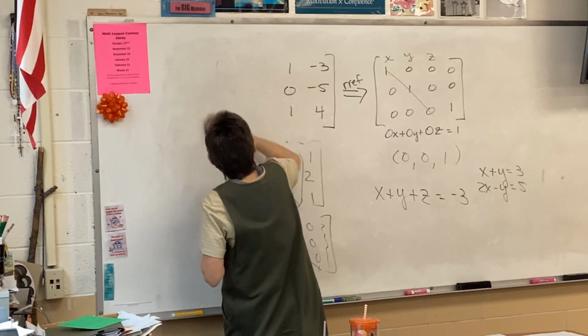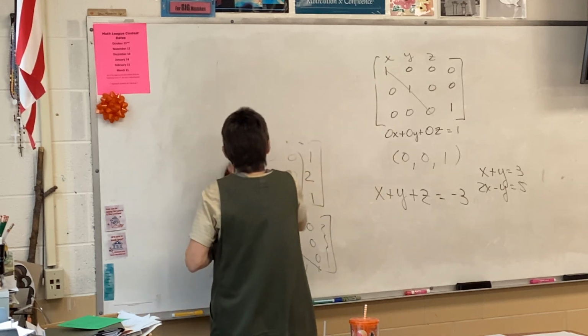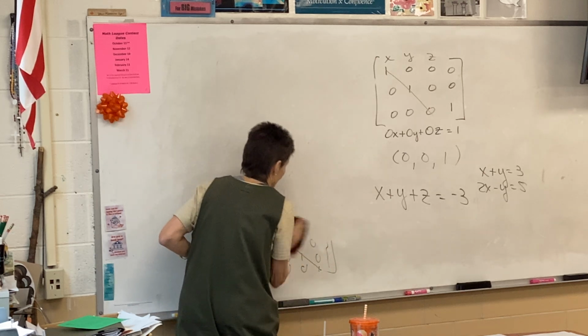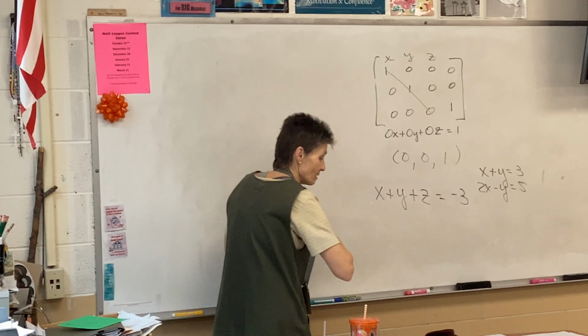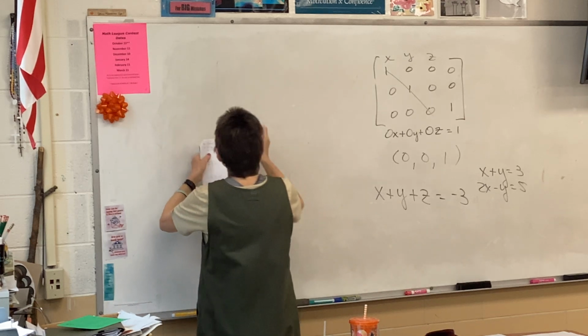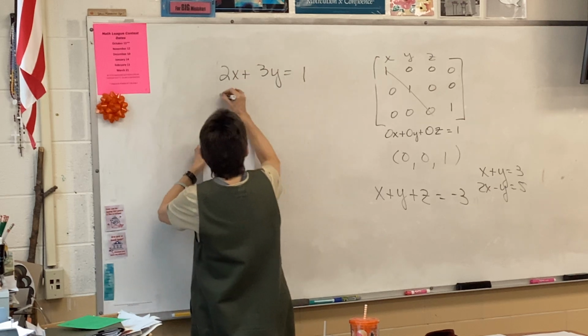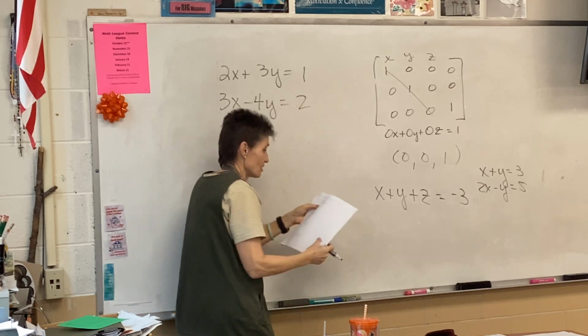What is Cramer's rule? Cramer's rule is another way of solving the systems that you did with substitution and elimination. All right, so I want you to look carefully at this first problem.